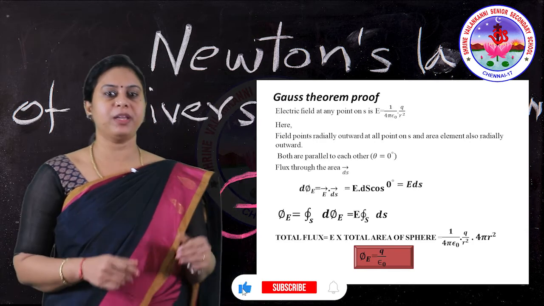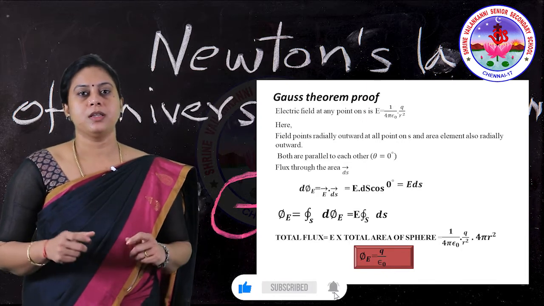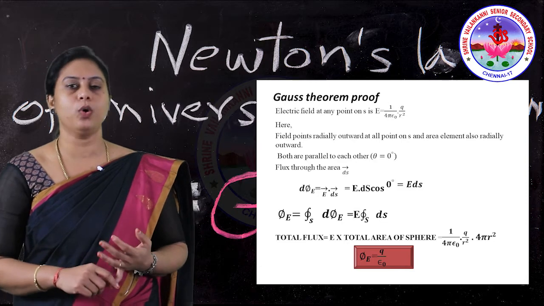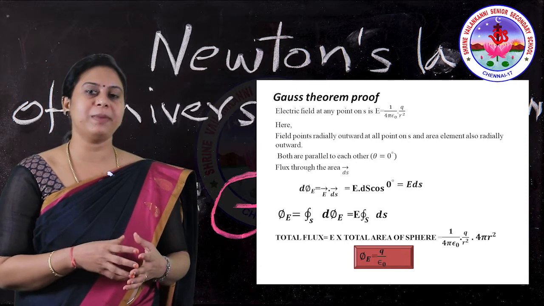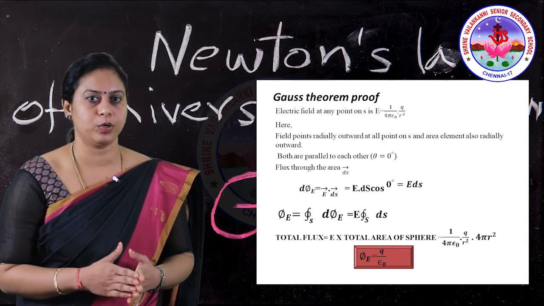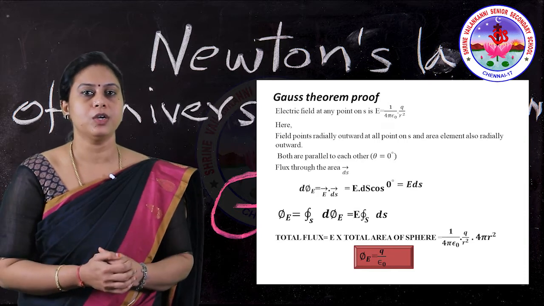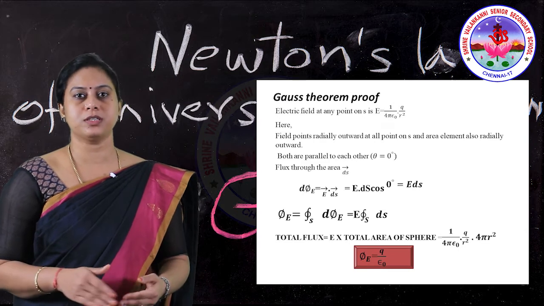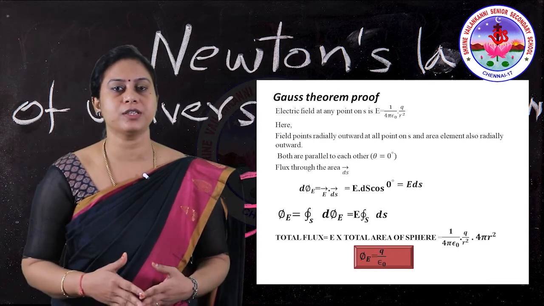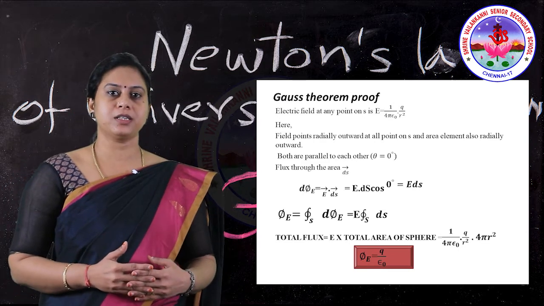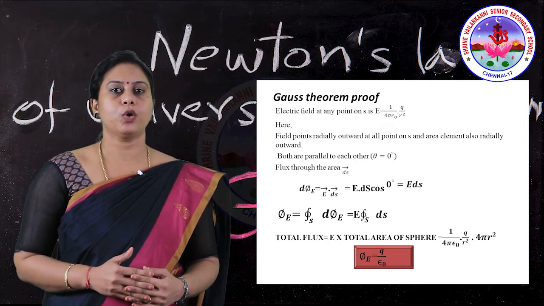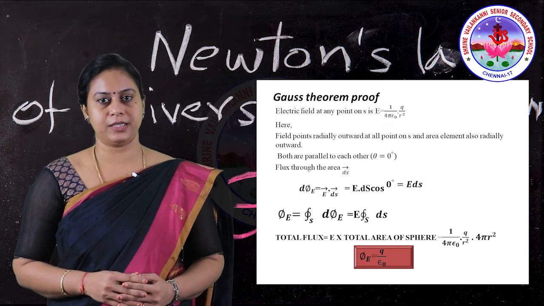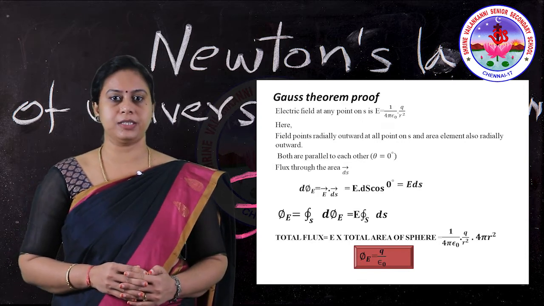Here you may notice from the diagram that the electric field lines are radially outward, and also dS, that is the area element, is radially outward. So both are parallel with each other, theta is equal to 0 degrees. Then cos theta is 1. Applying that into the flux, we get d phi, which is equal to the closed integral over S of E dot dS, which is equal to E dS.